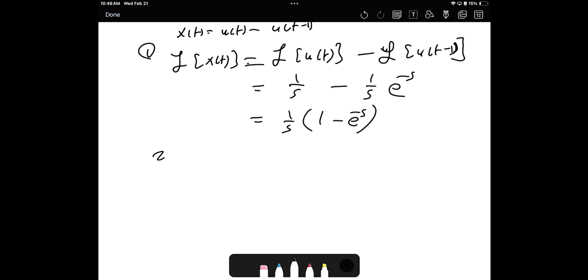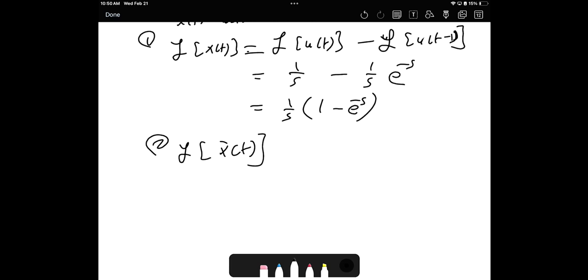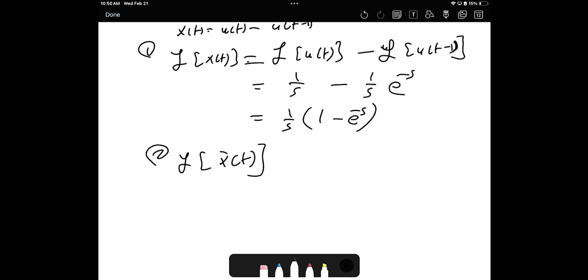Now the second thing, we need to find the Laplace transformation of x prime of t. So you have two ways. The first way is to find the derivative of the actual function and find its Laplace transformation, or we can find the Laplace transformation using this approach, which is s x of s minus x of 0 negative.